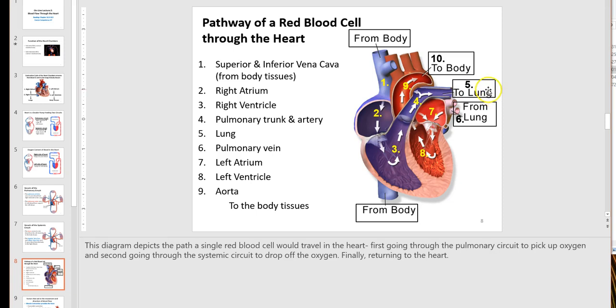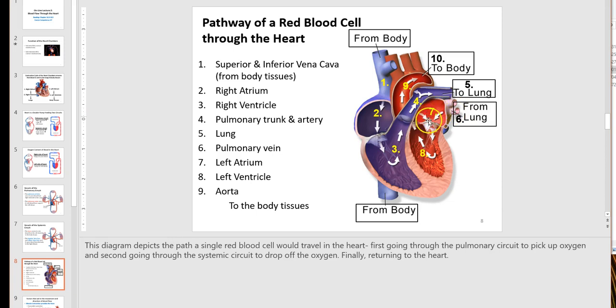to the lung. Now it becomes oxygenated. So the red blood cell's happy, oxygen is binding to the hemoglobin, and it needs to come back to the heart to get pumped through the systemic circulation. From the lung, the red blood cell will travel in a pulmonary vein.